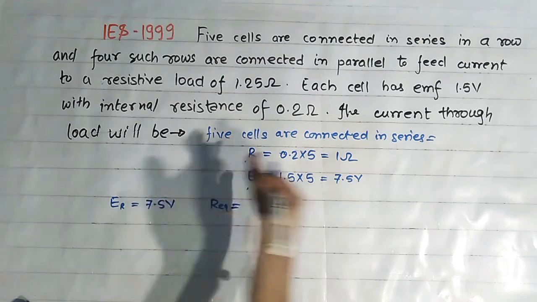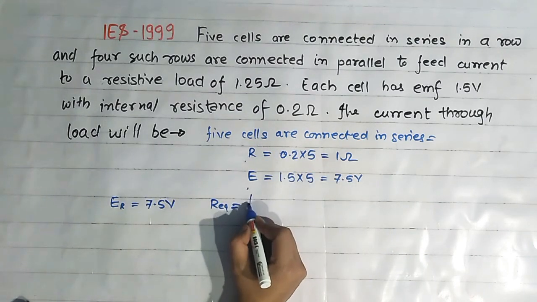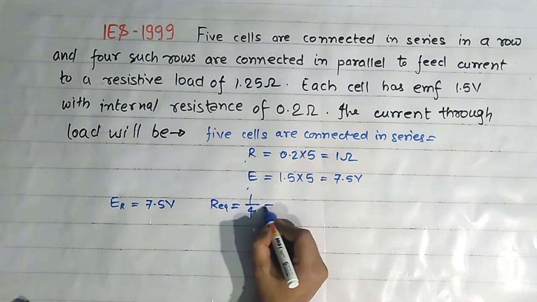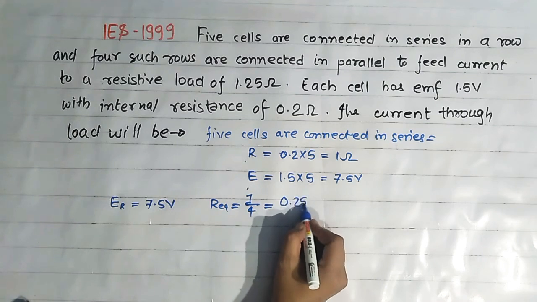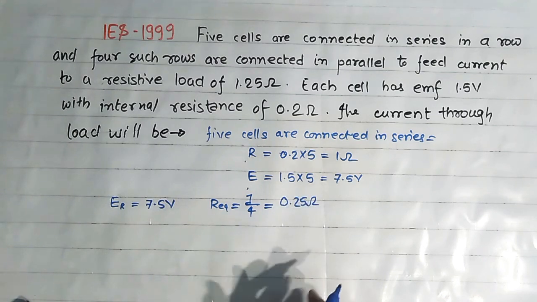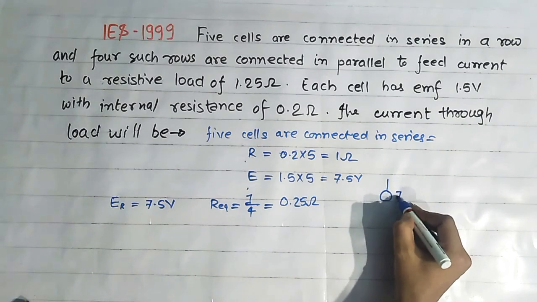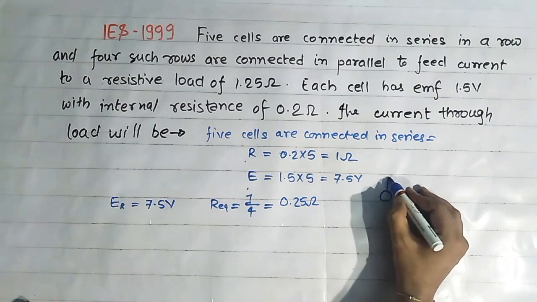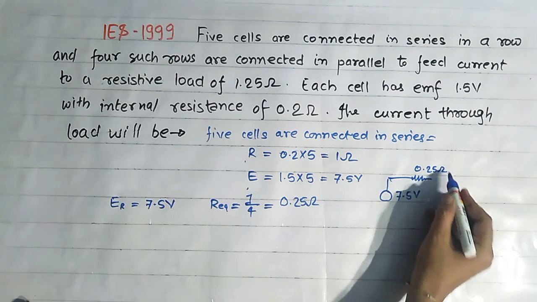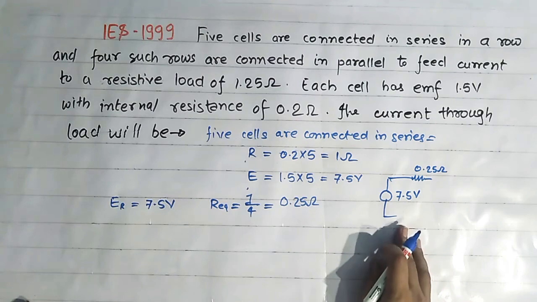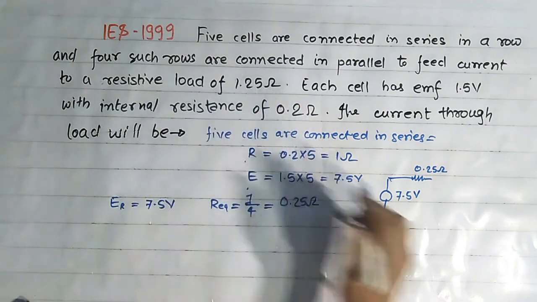When 4 such rows are connected in parallel, the total equivalent resistance becomes 1 by 4, that is equal to 0.25 ohm. So we can represent this whole combination of cells as a voltage source of 7.5 volt in series with 0.25 ohm resistance. Now this combination supplies current to a resistive load of 1.25 ohm.